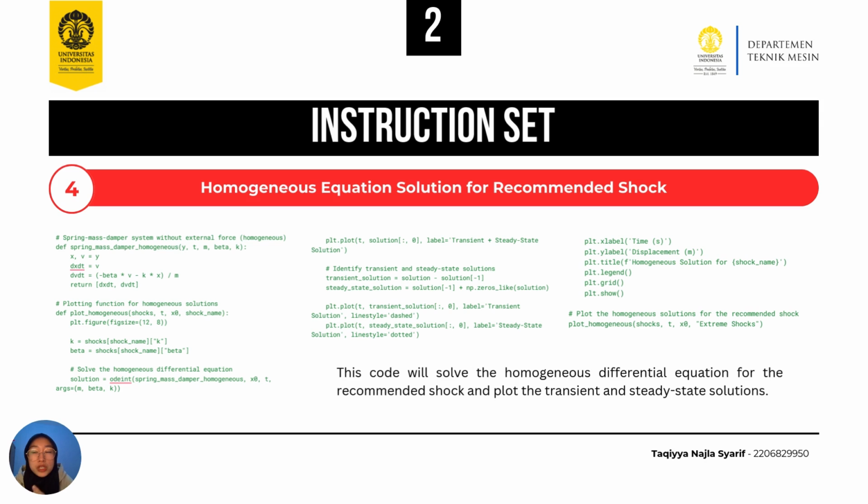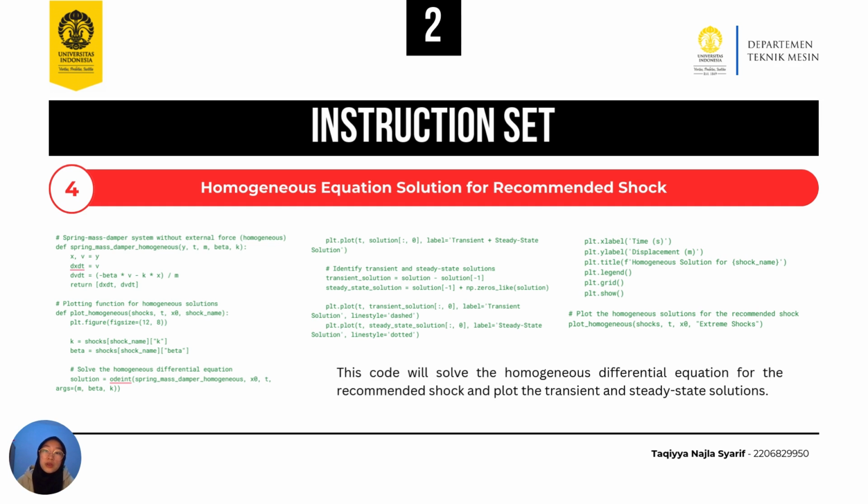We need to solve the homogeneous differential equation for the extreme shock, identify the transient and steady-state solution, and analyze their effect on the satellite. The homogeneous equation is m x'' plus beta x' plus k x equals 0.